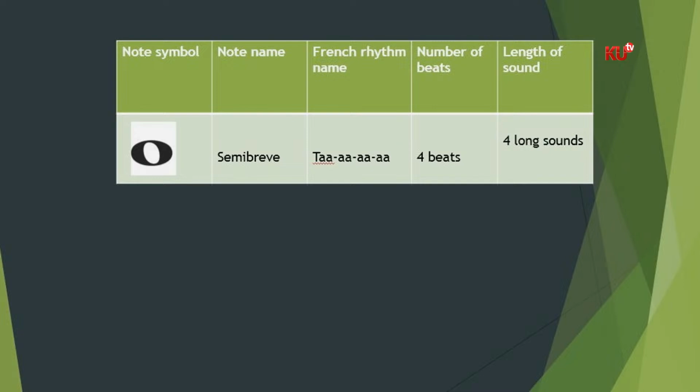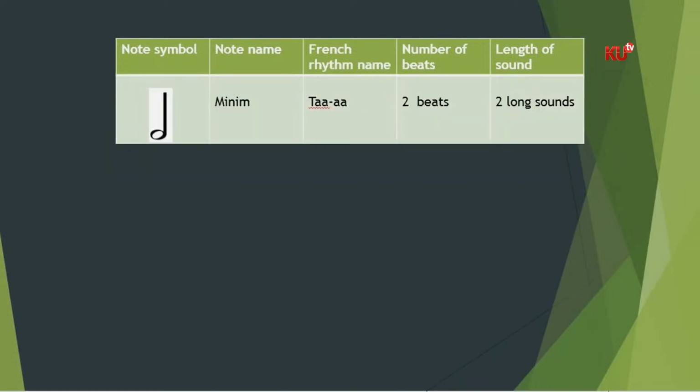And these 4 beats are equivalent to 4 long sounds. Then for the minim, it has 2 long sounds. Ta, a. Then crotchet has 1 long sound. Ta. Then for the quaver, it has 2 short sounds.